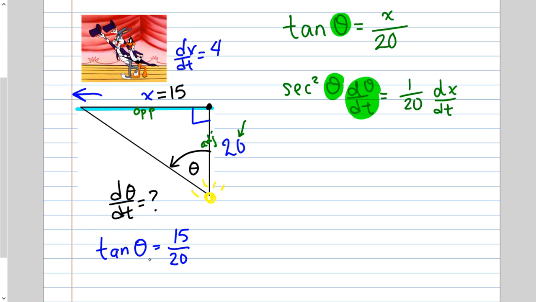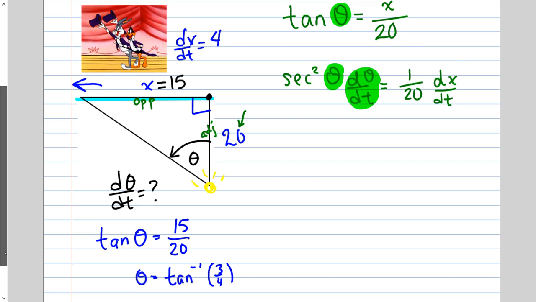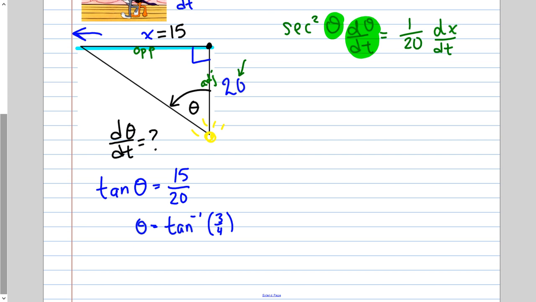So tangent theta equals 15 over 20. So theta itself is equal to the tangent inverse of 15 over 20, which is 3/4. I'm not going to write 15 over 20. It is 3/4. So you pop that into the calculator, and this would be a question that you would need a calculator with. There aren't any exceptions here. And you would figure out what the angle is.